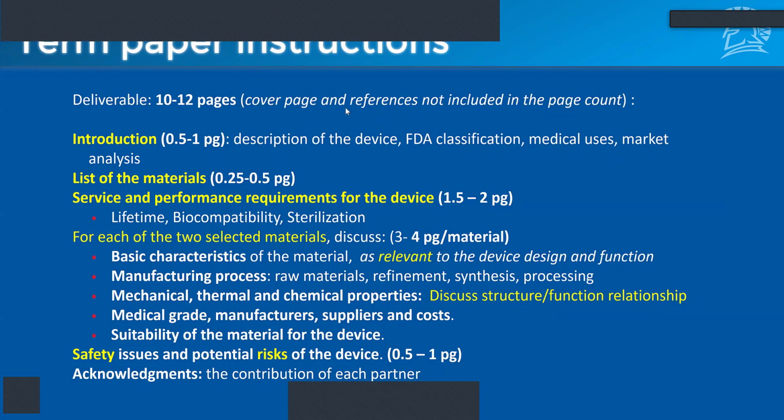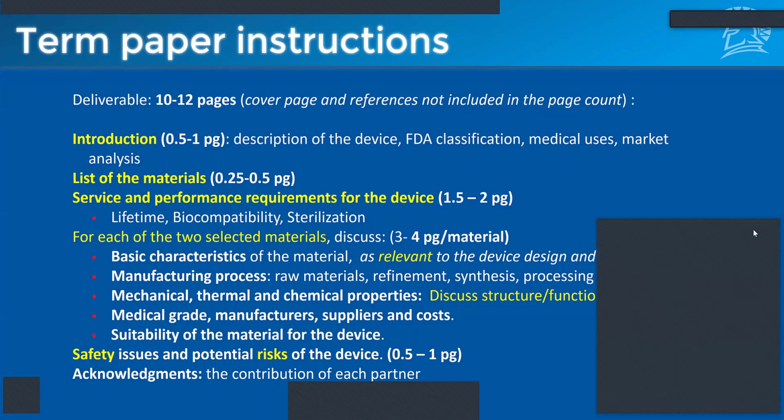There's a question here. Someone says, can we use images on the term paper to depict the chemical structure? Yes, for sure. You are welcome to include figures in your paper, but they are going to be included in the page limit. So you don't have to include figures if you don't want to. I would be a little bit conservative with figures just because you don't want to take up your page space with those.